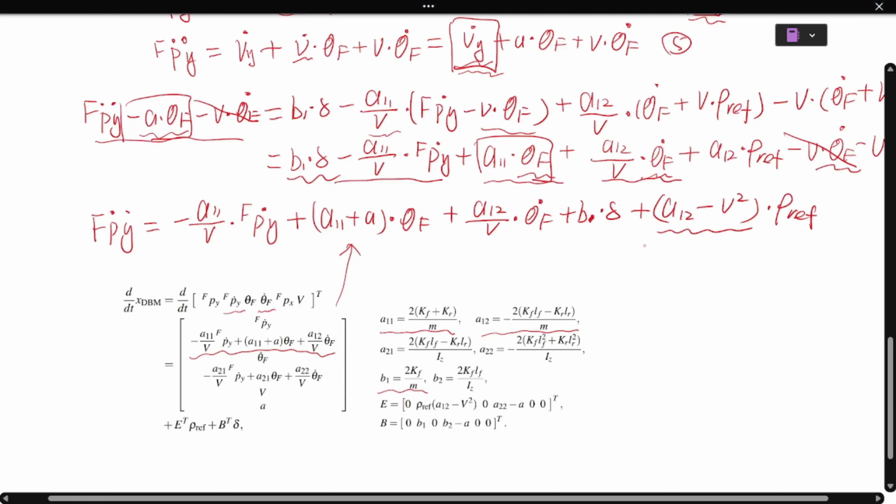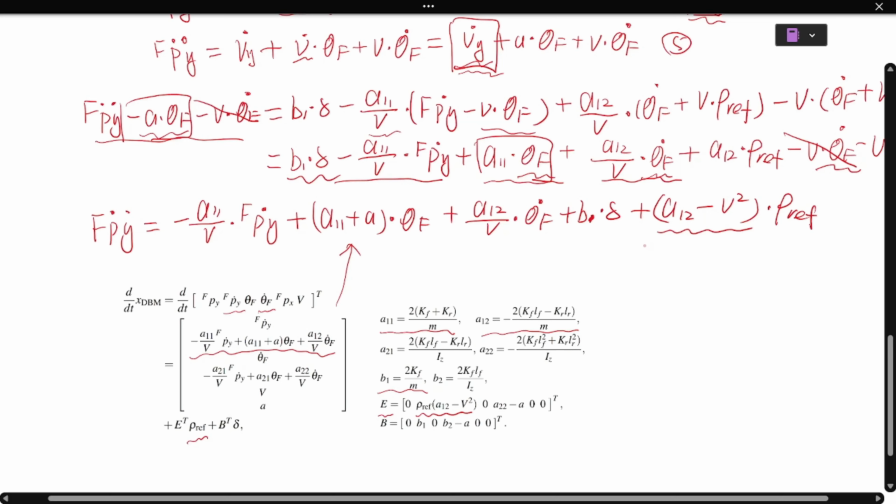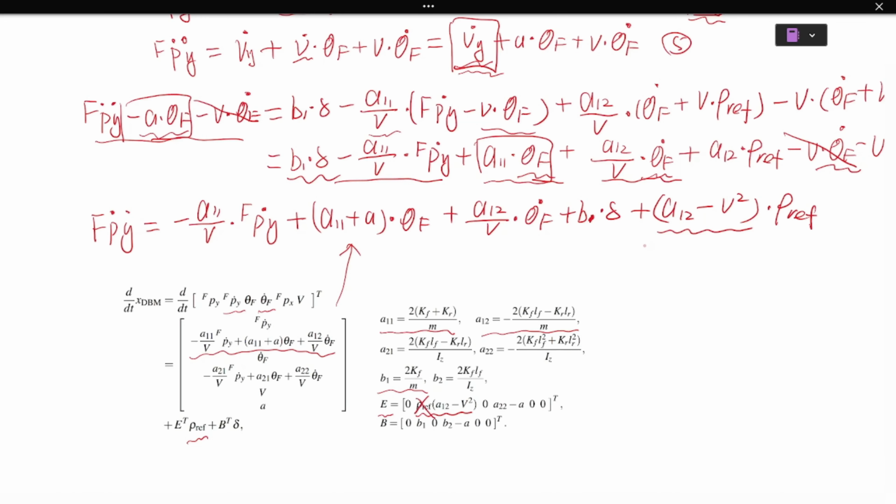Here, a12 minus v2 square is in the E matrix. So the first mistake in this paper: the rho ref, it has two rho ref. So this rho ref should be removed. This might be a typo.